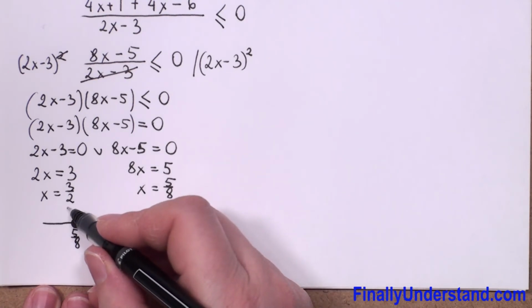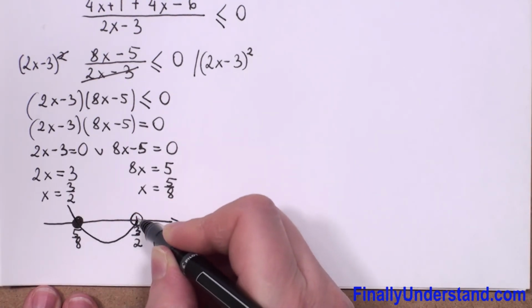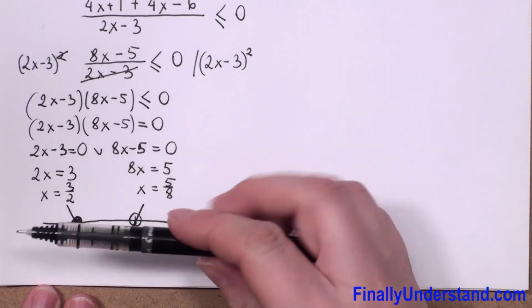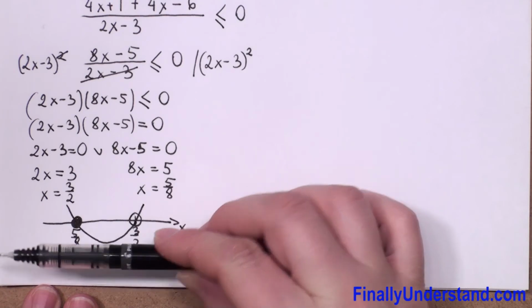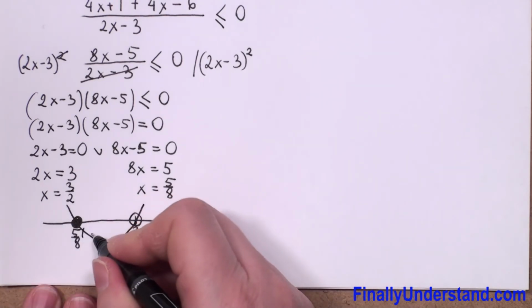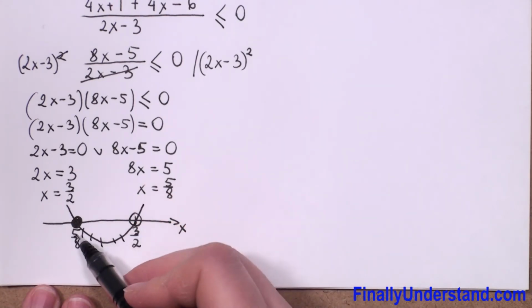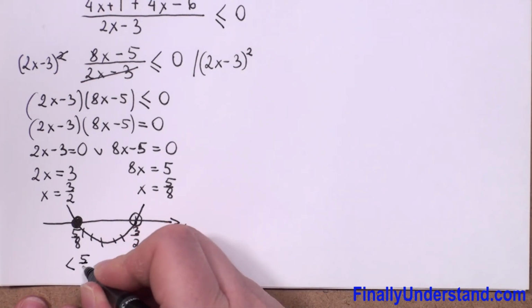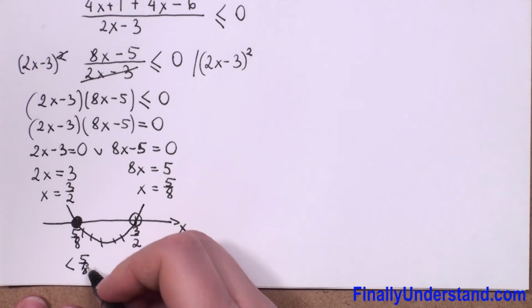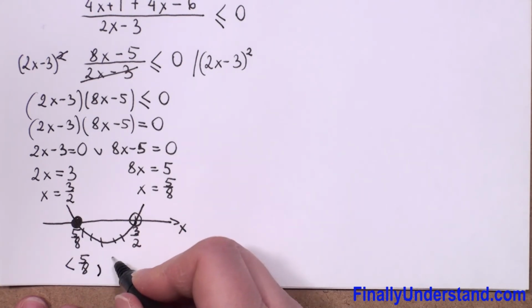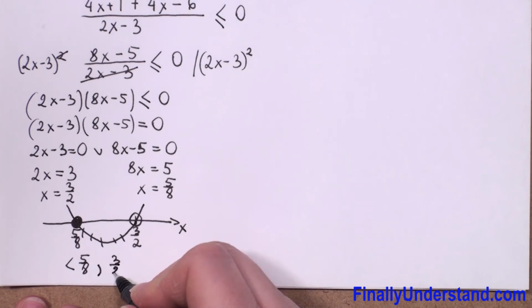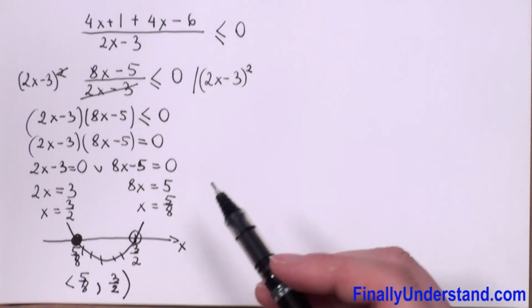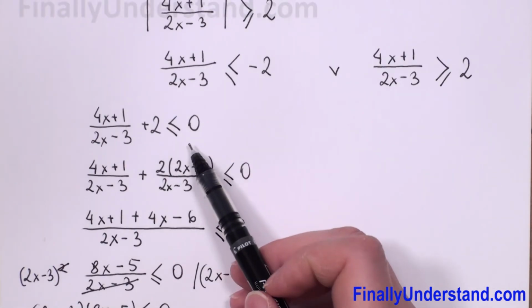It means the parabola will be open up. We have to find the values less than 0. Values less than 0 we have under our number line. This part is under. Is interval from 5 over 8, closed on the 5 over 8, and open on 3 over 2. This is solution to our first inequality.